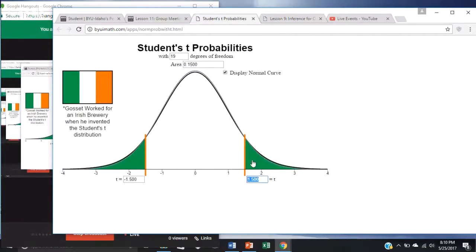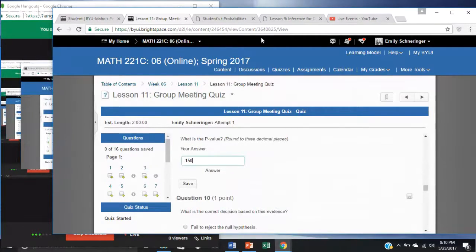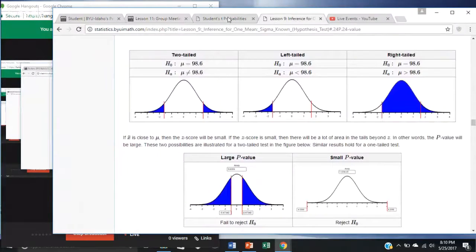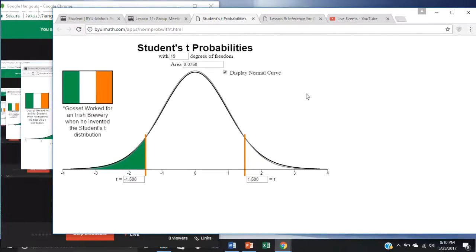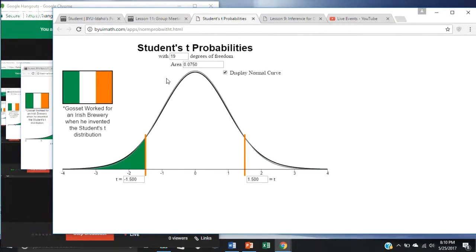Okay, so let me try that. 0.0405. I'm getting a 0.075.